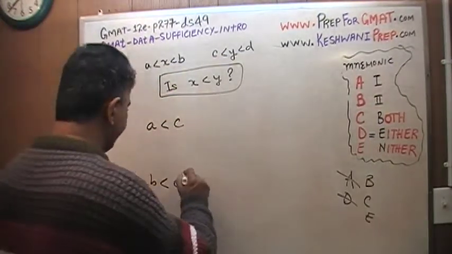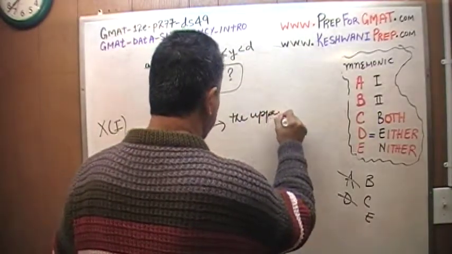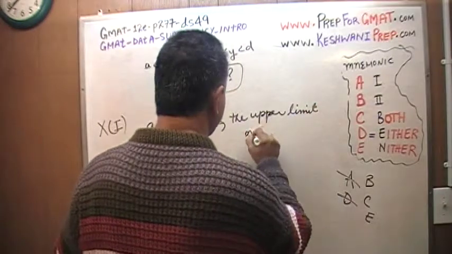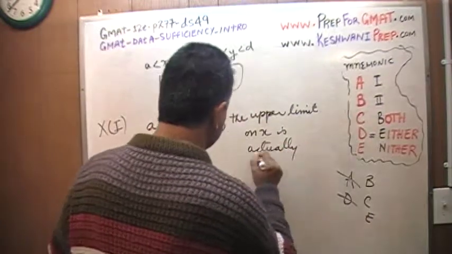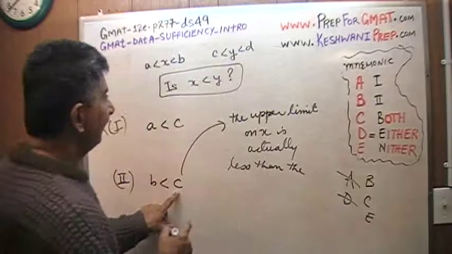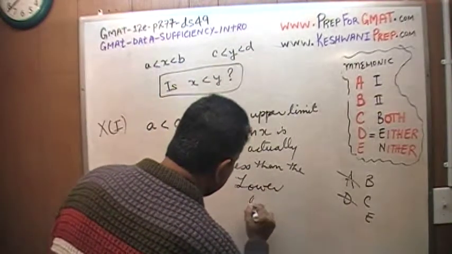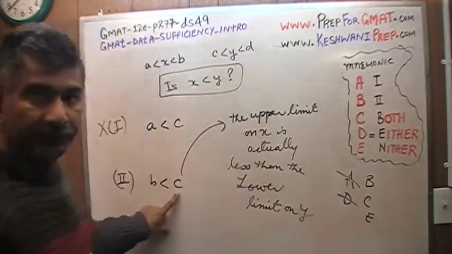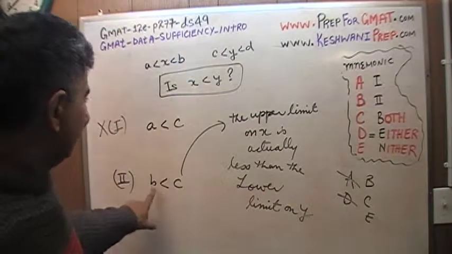So what the second statement tells us is that the upper limit on x is actually less than C, which is the lower limit on y.